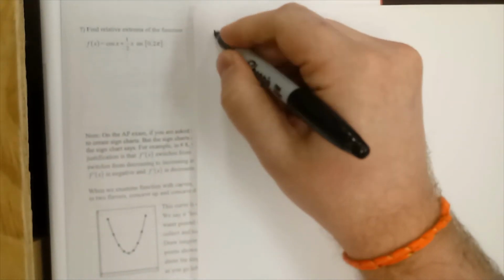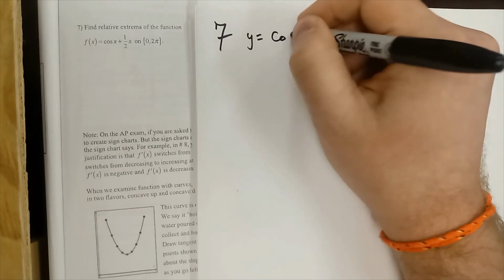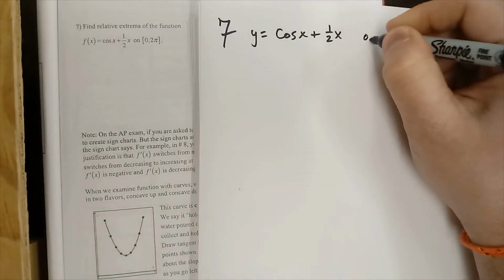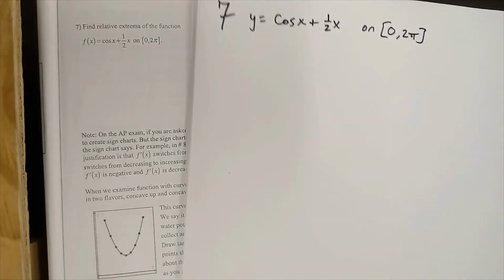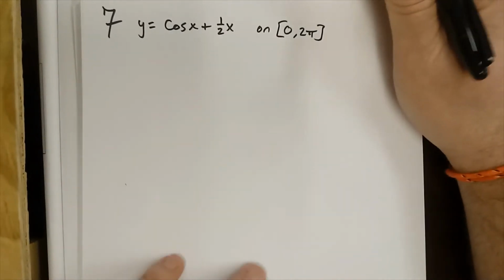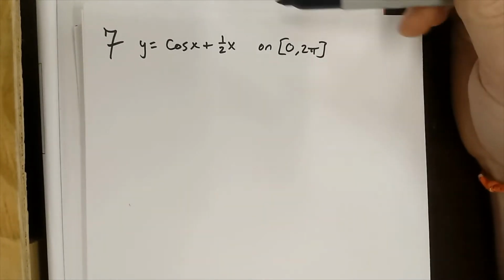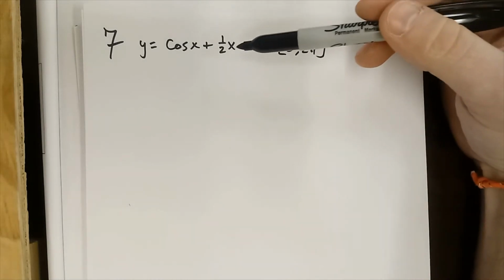Good old cosine, number 7. Oops, I wrote y equals. That's the same thing. Now, we should talk about why they mention this interval here. They're mentioning this interval because if we didn't put this, there's potentially an infinite number of maxes and mins.